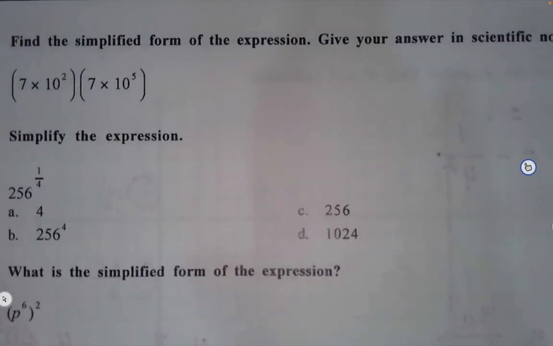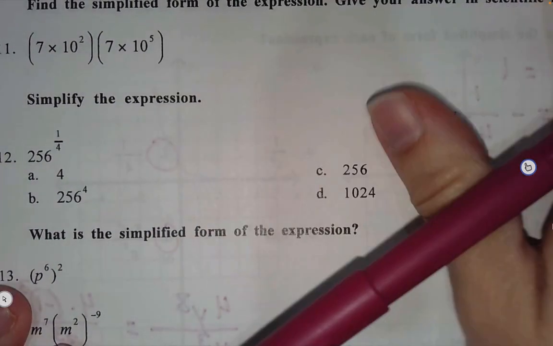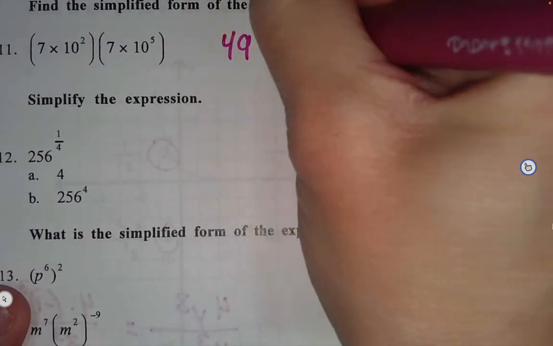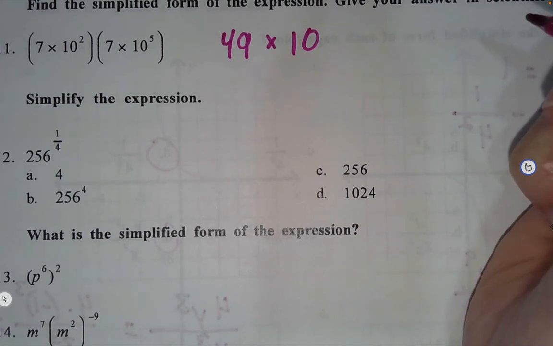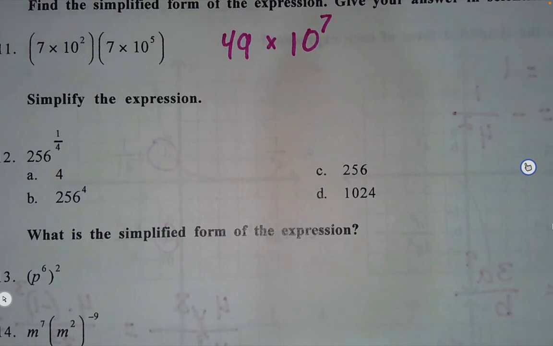Okay. On number 11. What is 7 times 7? 49. Now this is the first step. This is gonna be partial credit. We have 49. Now with the 10s having the same base, what are we gonna do with those exponents? Add them. What is 5 plus 2? 7. That is only partial credit. Because what's the problem?